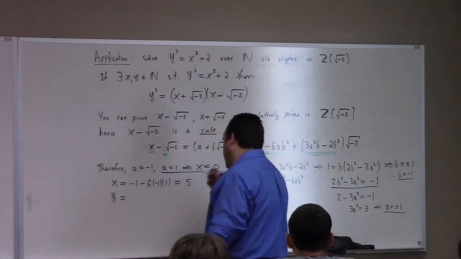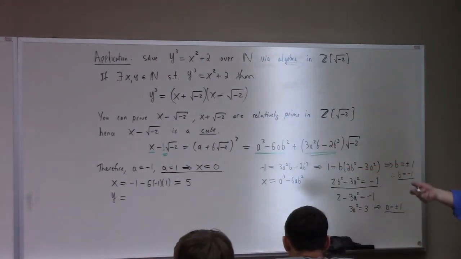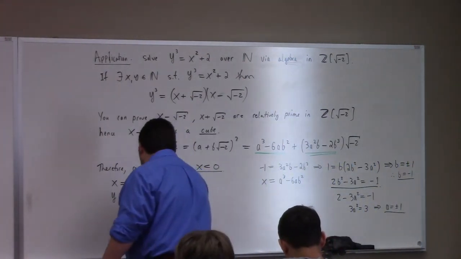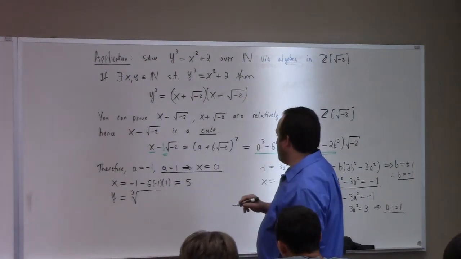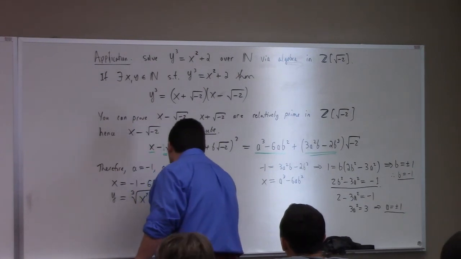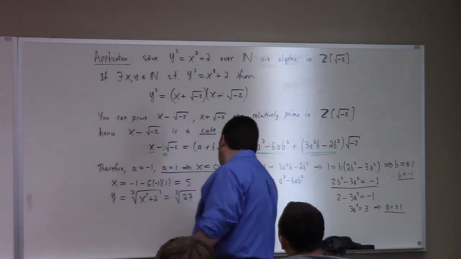So a has to be minus 1 then, which means that x is minus 1 plus 6, which is 5. And what's y? It's the cube root of x squared plus 2, which is, by the way, the cube root of 27, which is 3.